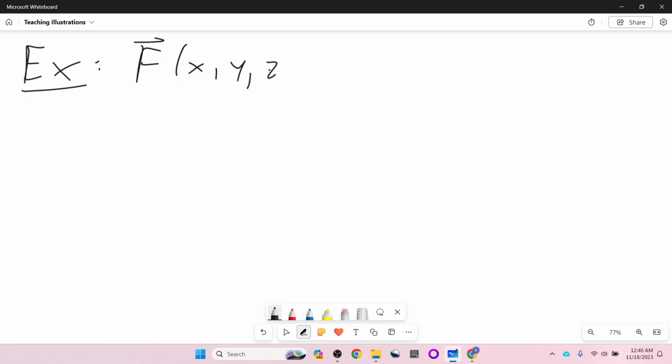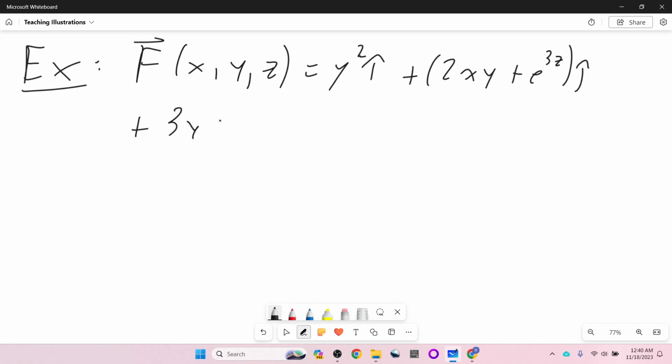So let's say we have F of x, y, z is y squared i plus 2xy plus e to the 3z j plus 3y e to the 3z k. And so I'm going to say, find a potential.